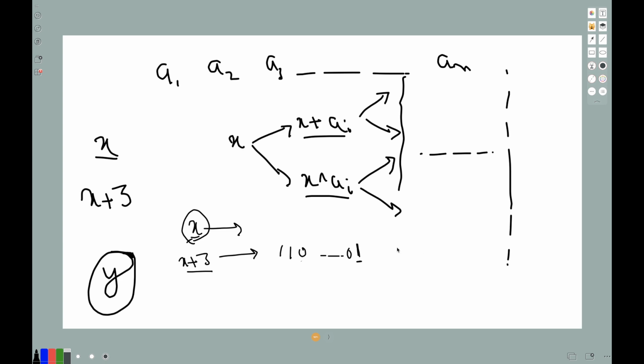Now what if you XOR with an odd number where the last bit is set? Then you will reach a different parity, and even if you were to do an addition, you will reach a different parity. So that means that on an operation with an odd number, the parity changes or reverses, while an operation with an even number does not change the parity.